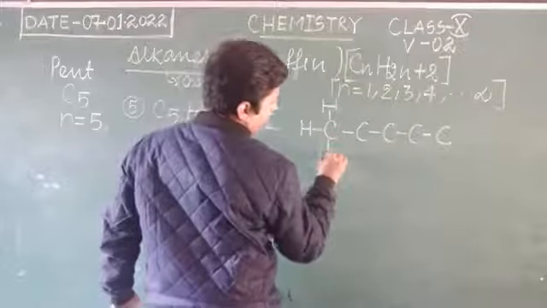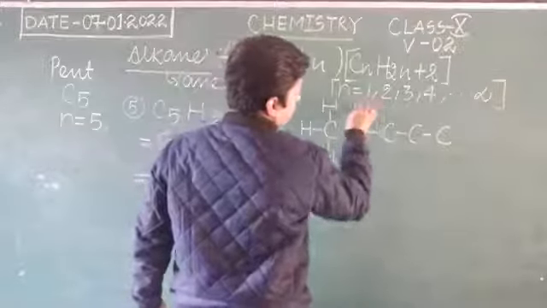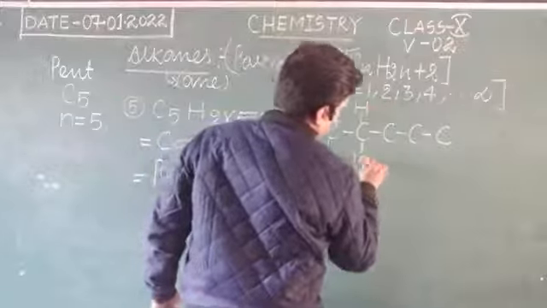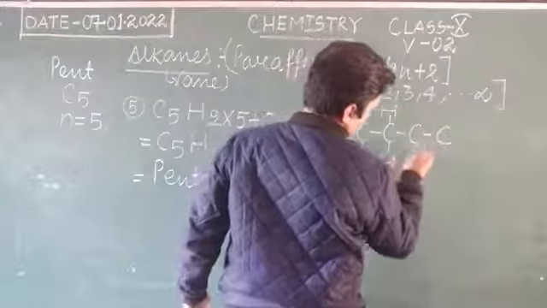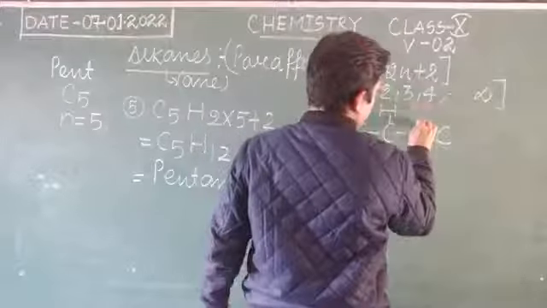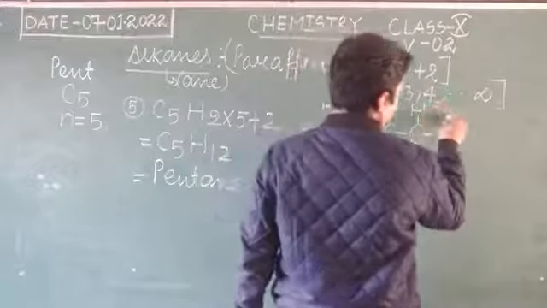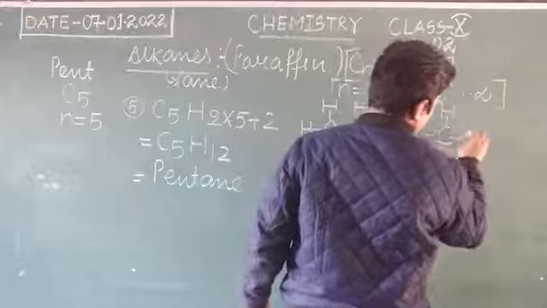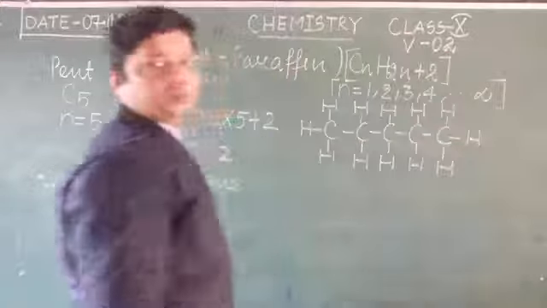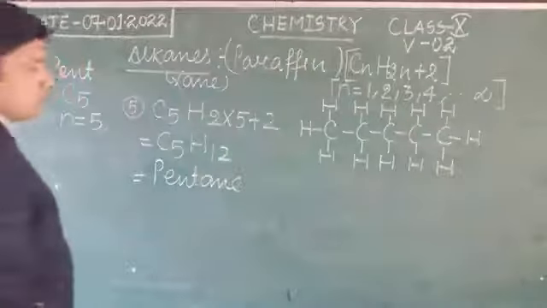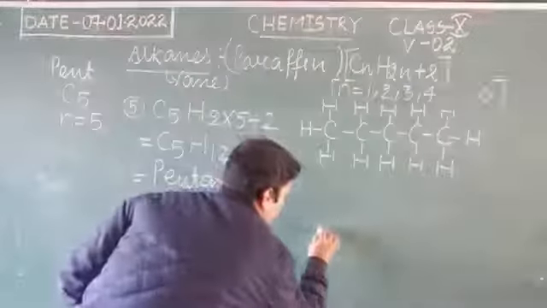The 5 carbon atoms are joined together by single covalent bonds. And the electron dot structure.